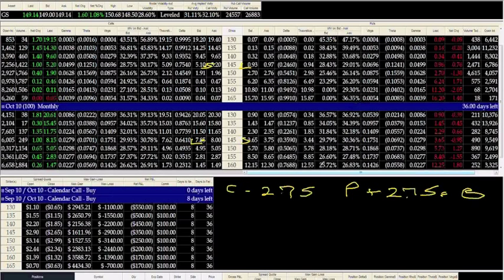Now we're looking at this position, and what do we have on? Well, if we're short the October 145 put and long the October 145 call, we're sitting on, if you remember our equalities, long stock.